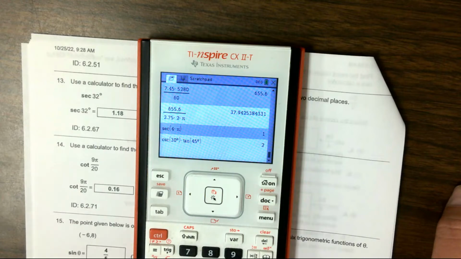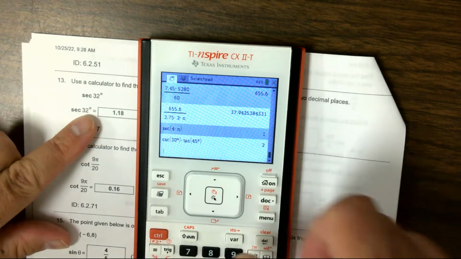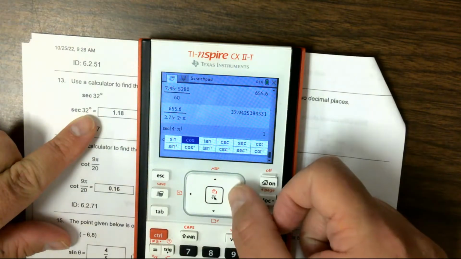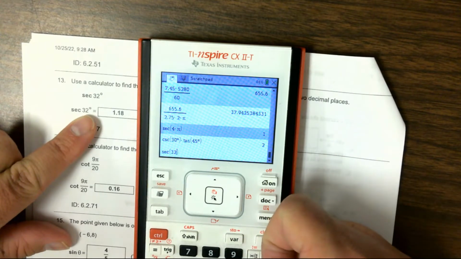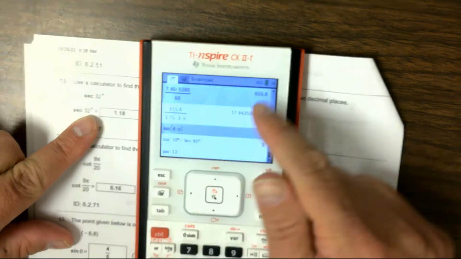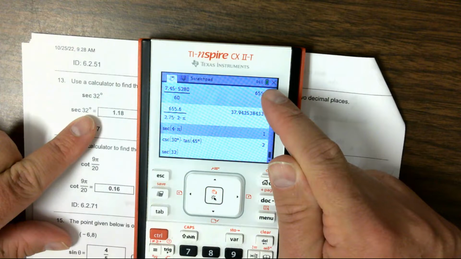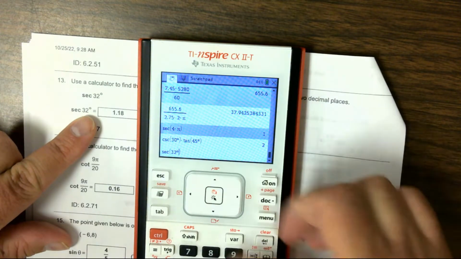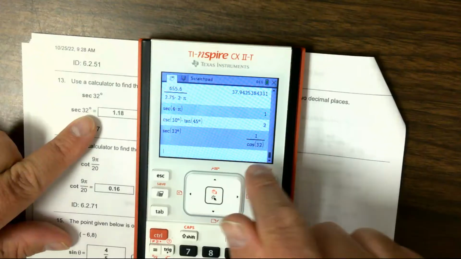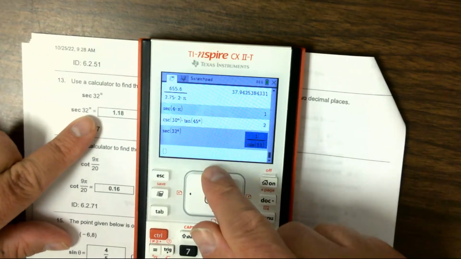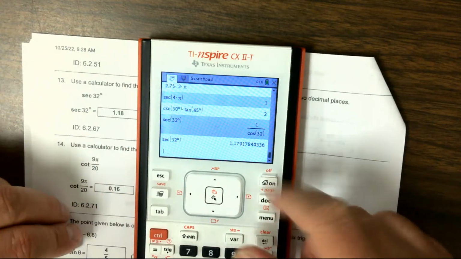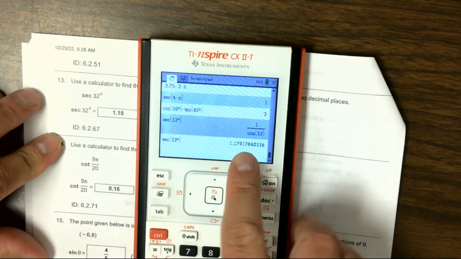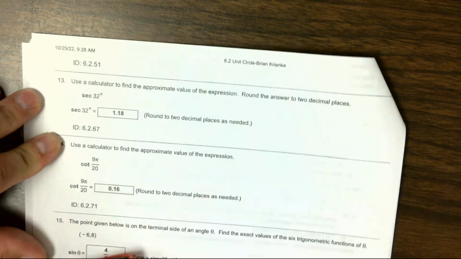Okay, so we do secant 32. Remember, if you're in degree mode, that's fine. Or if you just want to get in the habit of using the degree symbol. Now, it just simplified it for me, but I forgot to do Control Enter. I want 1.179.